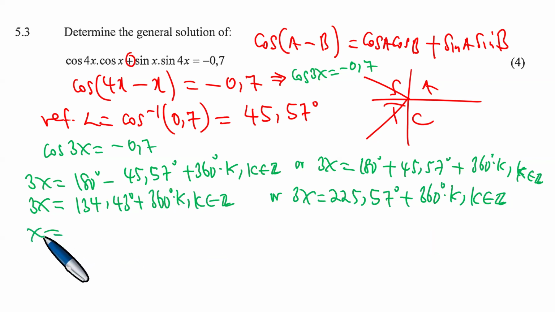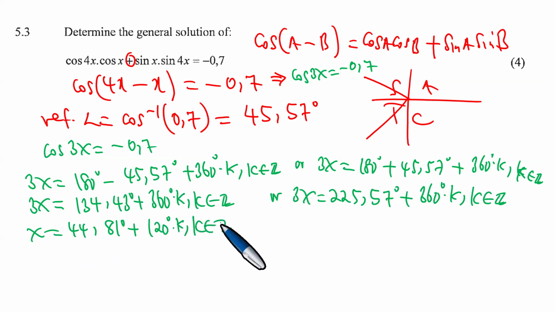So we continue. 134.43 divided by 3 is exactly 44.81 degrees. Divide 360 by 3, which is 120. Now 225.57, you divide it by 3, it's 75.